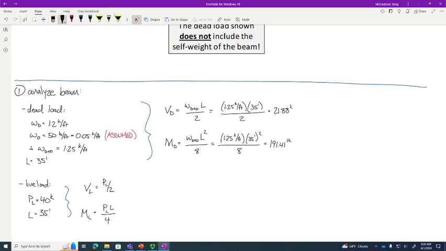Then remind me, how do we draw a moment diagram? We integrate the shear diagram, right? So what's the area of that little rectangle? P over 2 times L over 2? Go up, down. Remember that? That's where these equations are coming from.